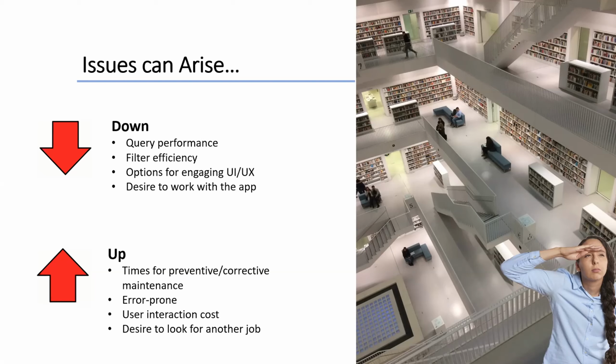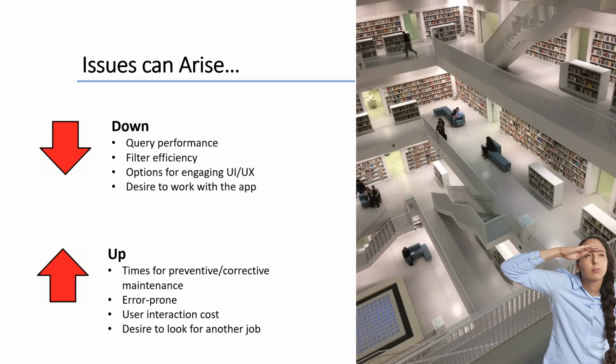If you don't know, the user interaction cost is a measure of how much work the user needs to invest to go from point A to point B, from entering the application to finding a book that they want to check. And of course, as a developer, the desire to look for another job will increase because this application is very hard to maintain and you will not want to work with it.